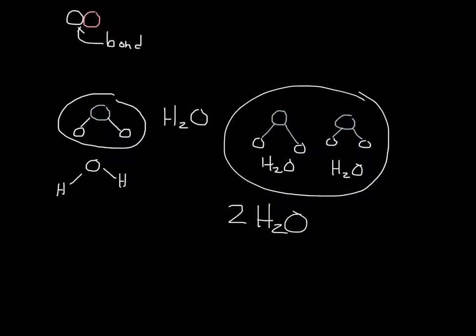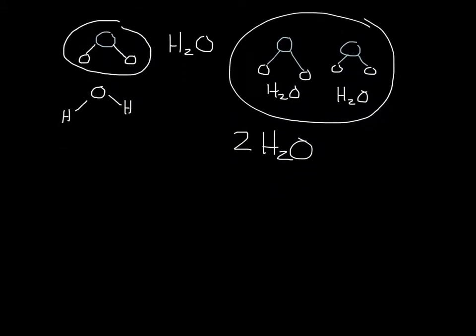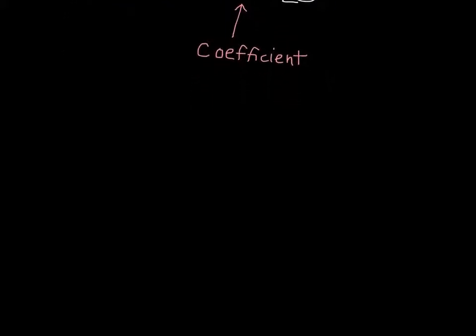This is a little different than we've done before. Now we have a number of molecules, and this we would call the coefficient. You may remember that from algebra. It's just a number multiplied by a variable. Here we're taking a number and multiplying it by a molecule. And this is going to help us when we go to write chemical equations.